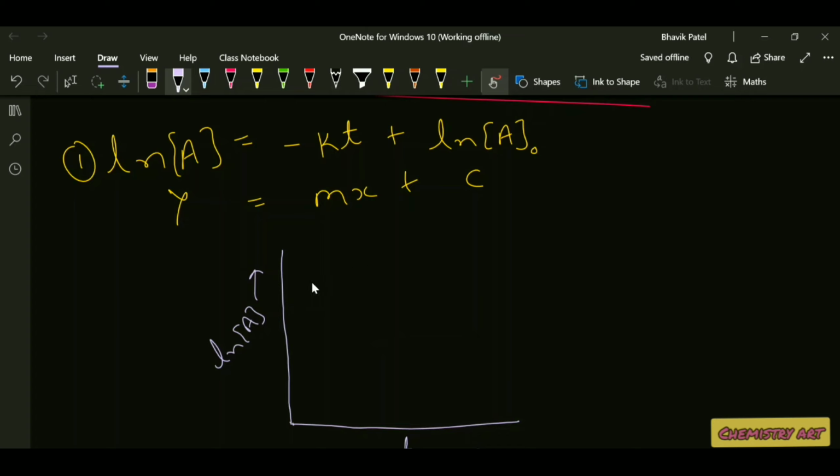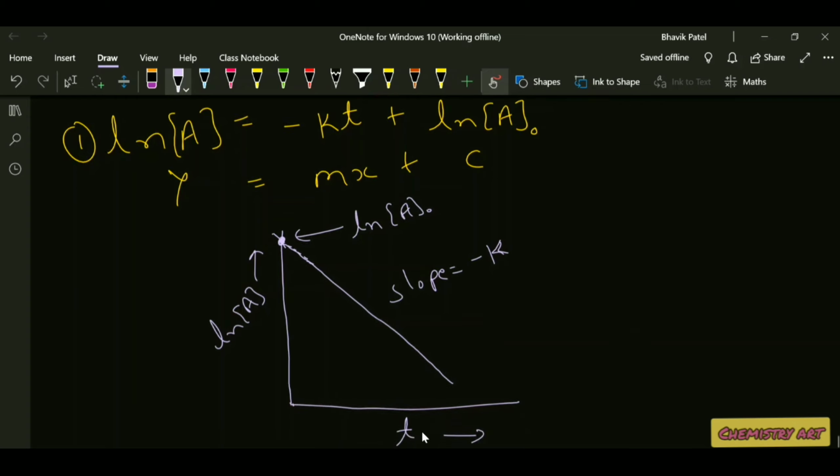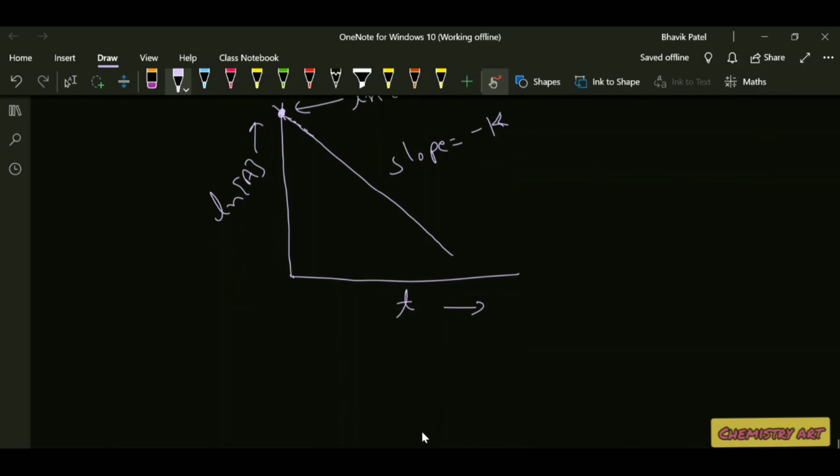So slope is equal to minus k, and the intercept is giving the value of the constant c, which means ln A naught. So the intercept is giving the value of ln A naught. Okay, so this is the graph of ln A versus t for the first order reaction. So you have to remember this.